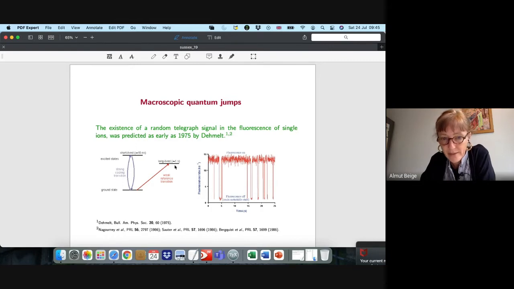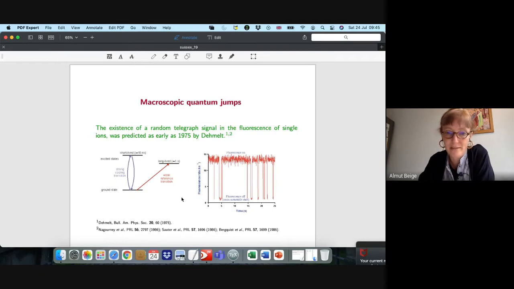But because when the atom is in this state, there's also a small population in the ground state, there's always a small chance that the atom gets excited and emits another photon. And when that happens, it returns from one of these dark periods into a light period.